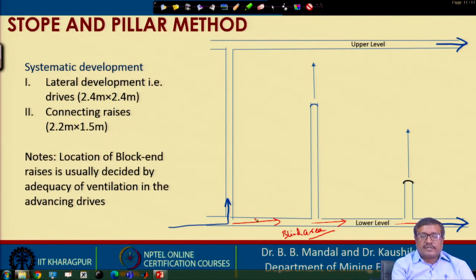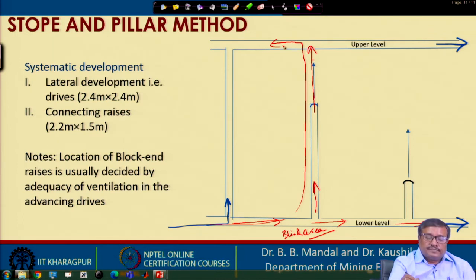What we do is, after say 90 meter or 100 meter, when it becomes too hot or not manageable, we make one raise. What will happen when this raise goes and connects with the upper level? The ventilation circuit is established, and all the raises will provide ventilation.